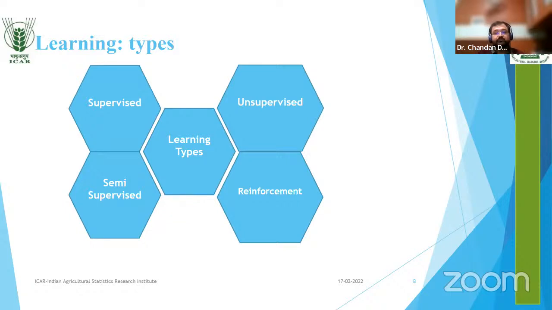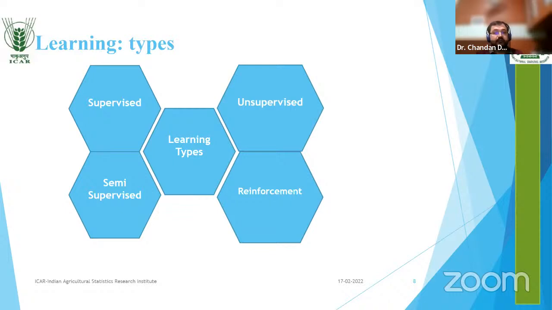So what are the basic types of learning systems? One is the supervised learning system. In supervised learning, we are giving some supervision to the machine in the form of data, and the machine takes that supervision to understand the data, and ultimately it will produce some model.